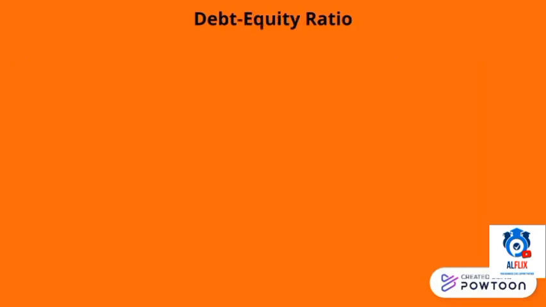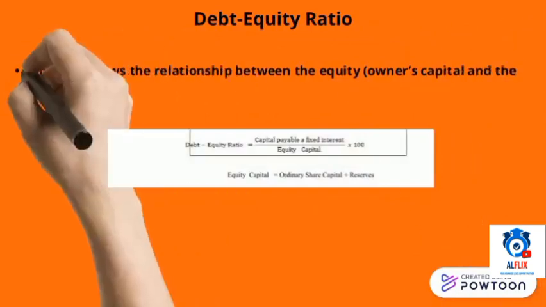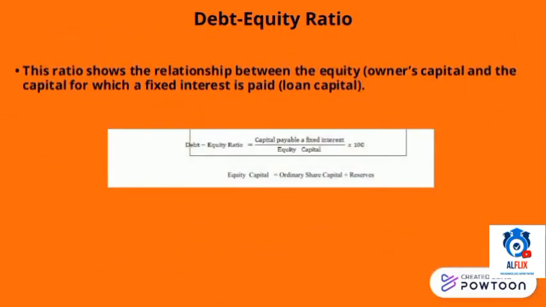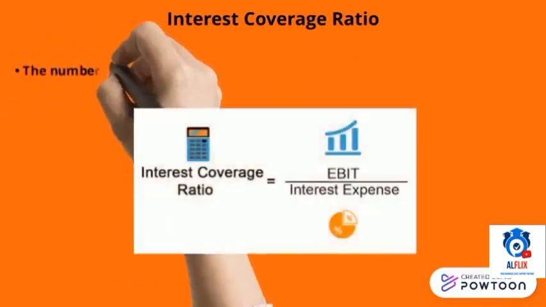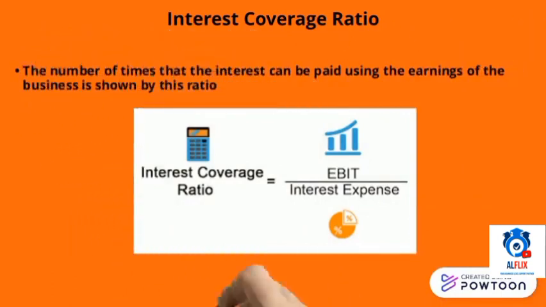Debt to equity ratio. This ratio shows the relationship between the equity owner's capital and the capital for which a fixed interest is paid, that is the loan capital. Interest coverage ratio. The number of times that the interest can be paid using the earnings of the business is shown by this ratio. Now let's look into the benefits and limitations of using ratio analysis.